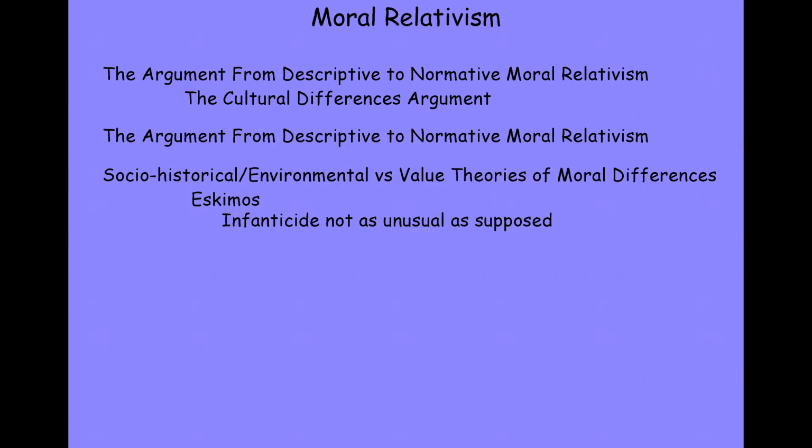This time what he's going to want to do is argue that the practice of infanticide is not necessarily indicative of different moral values assigned to human life. That infanticide emerges not directly from a consensus moral value within a culture, but through a combination of social, historical, and environmental factors, as well as shared moral values.